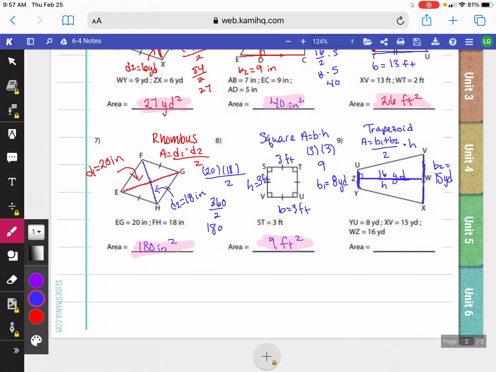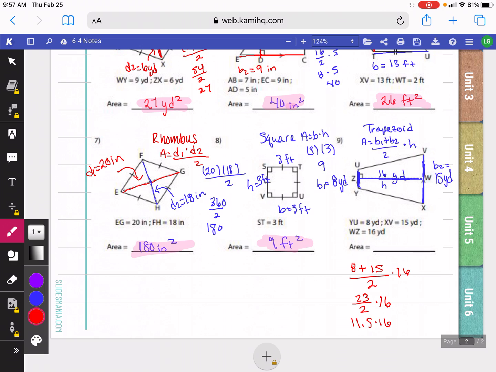So if I plug into the formula, for base 1, I'm going to plug in 8. For base 2, 15. And for height, 16. So 8 plus 15 is 23. I'm going to divide that by 2. That comes out to 11.5.